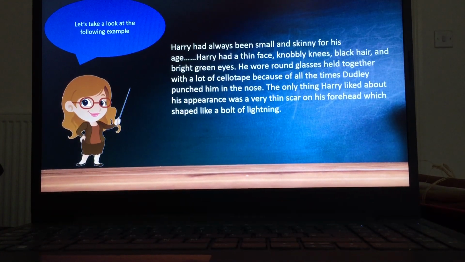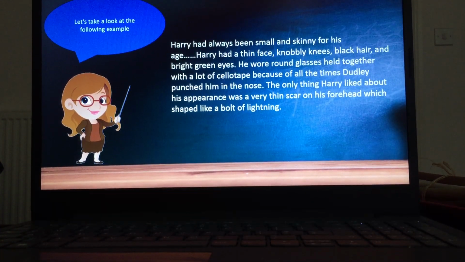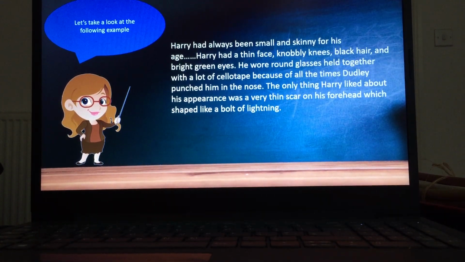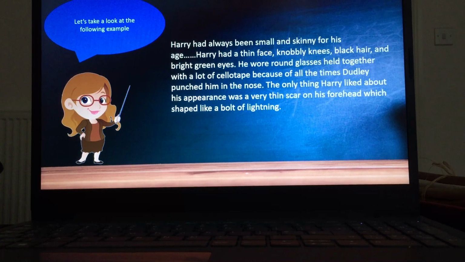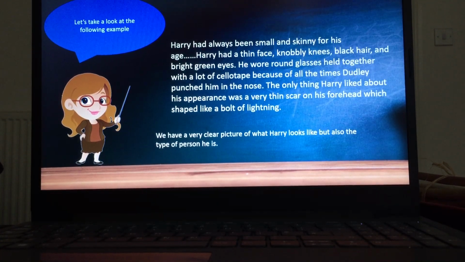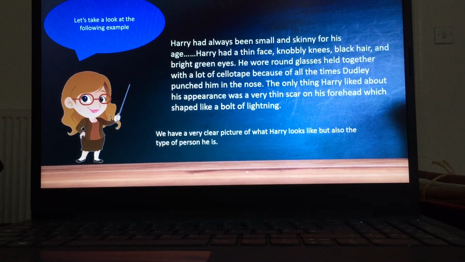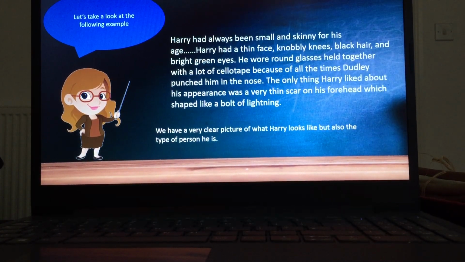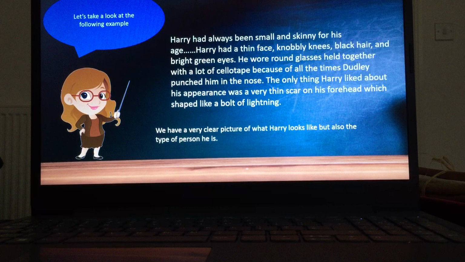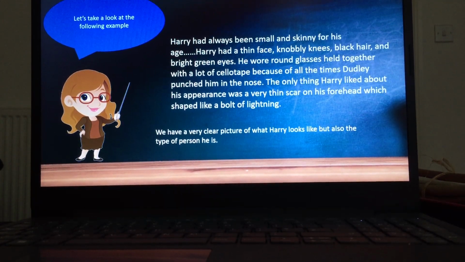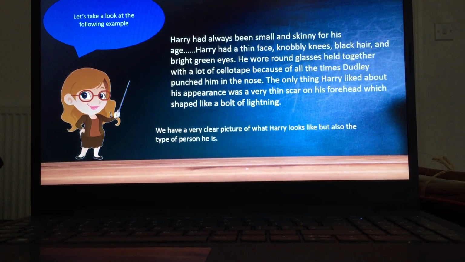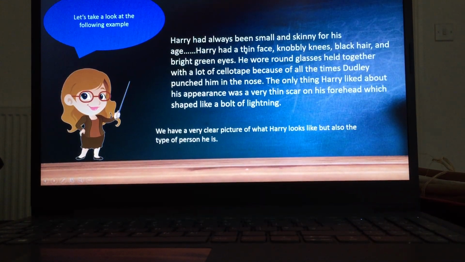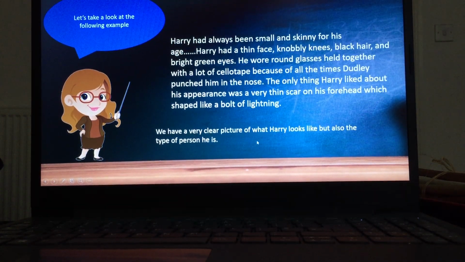The only thing Harry liked about his appearance was a very thin scar on his forehead which was shaped like a lightning bolt. From this, we have a very clear picture of what Harry looks like, but also the type of person that he is. The sentences and descriptions are not overly stimulating. Good, short sentences.